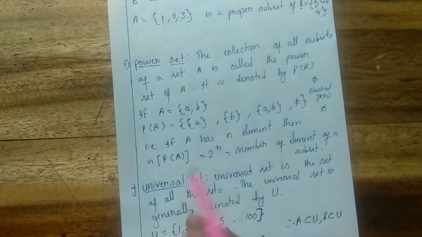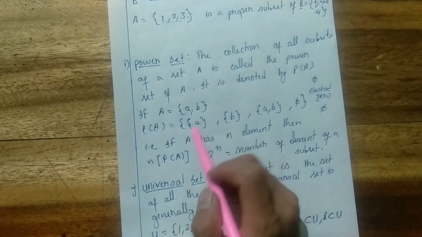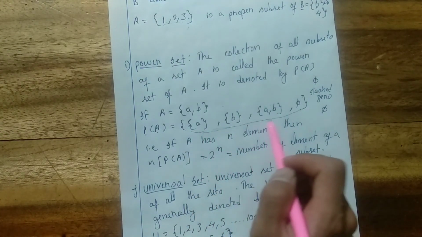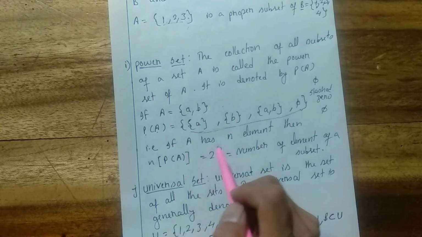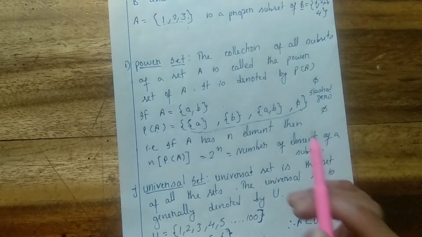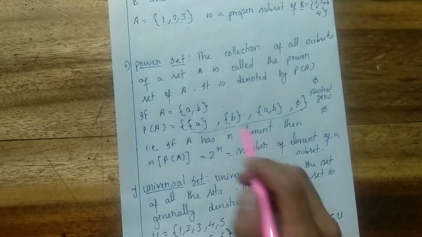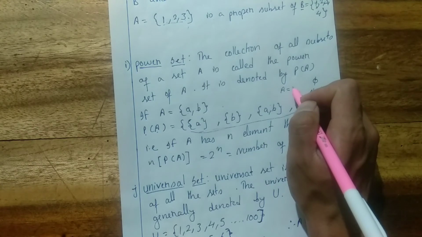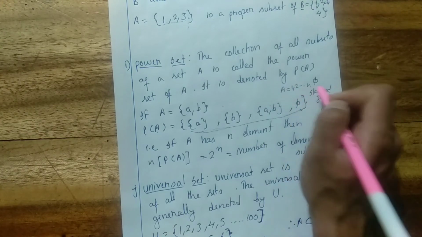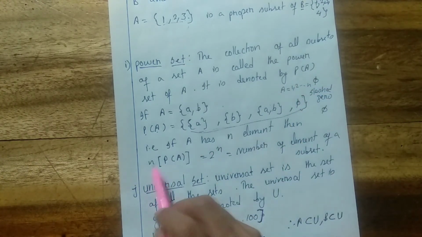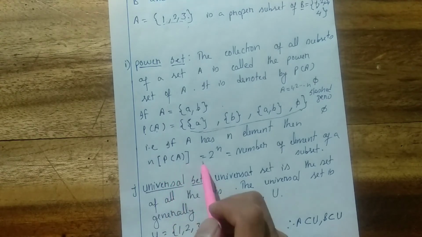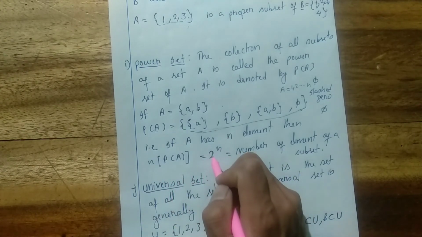So what is a power set? It is a collection of all the subsets, right? If A has n elements, suppose A equals {1, 2, up to n}, which is n elements, right? So in that case, we will write n(A) equals n, and the number of elements of the power set of A equals 2 to the power n.